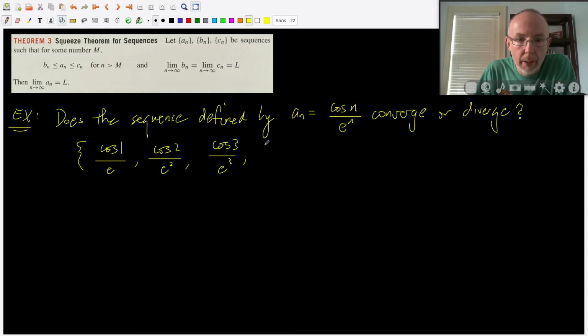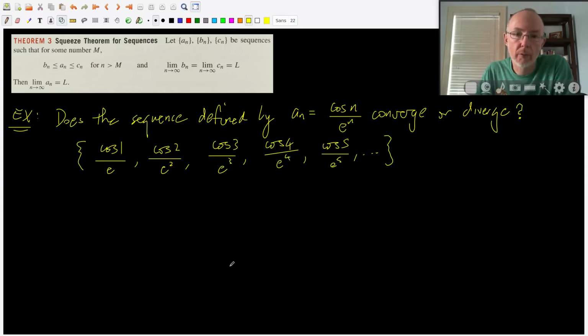You can get a calculator and work out the cosine of 4 and divide it by e to the 4, but the point here is that we want to know what happens in the long run. So does it converge or does it diverge? You might look at this and think, well, cosine doesn't grow fast, but exponential does, so it converges.